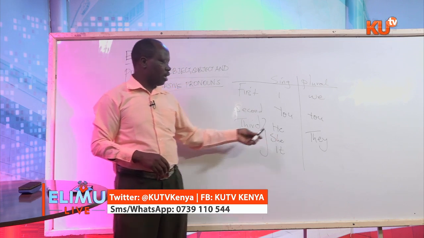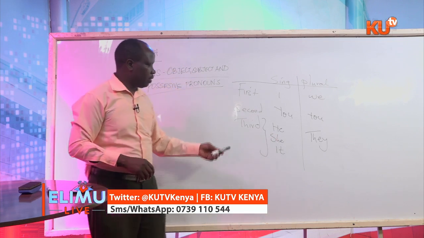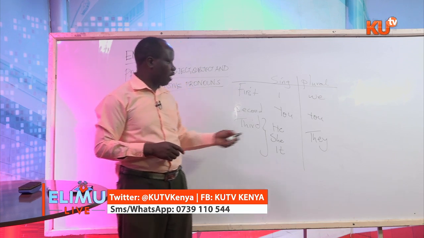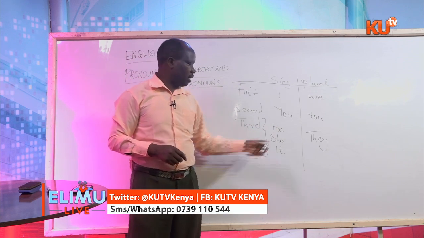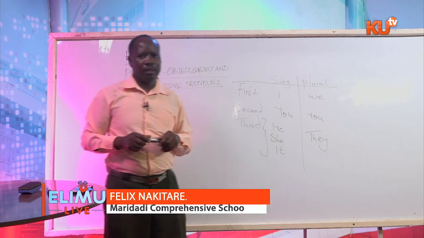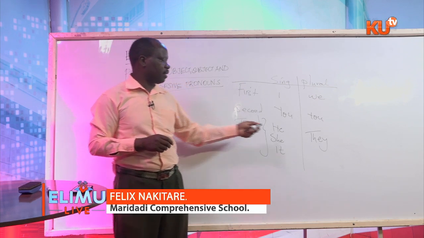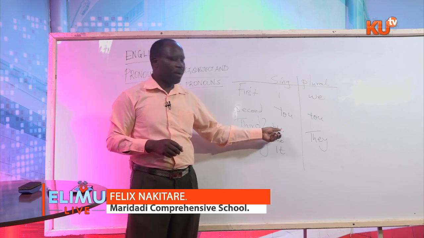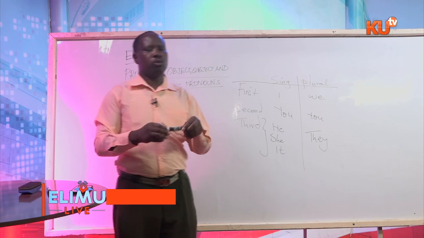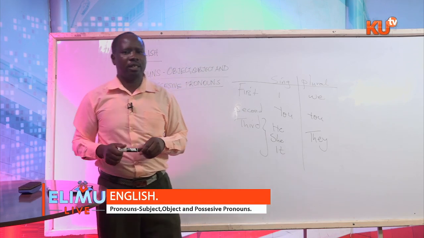For example, if I talk about my brother who is not here, I am here alone today. If I want to refer to my brother, I will say, he called me yesterday. He came to my place yesterday. I'm referring to my brother. I cannot be referring to my brother who is not here and I say you. It will be wrong because my brother is not here.